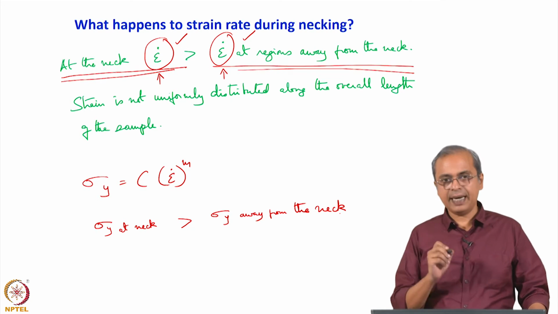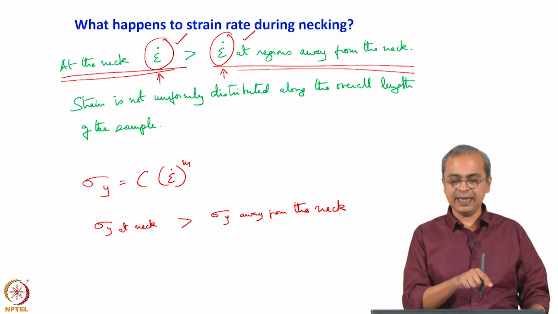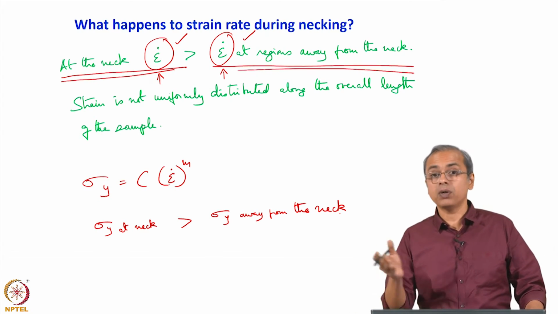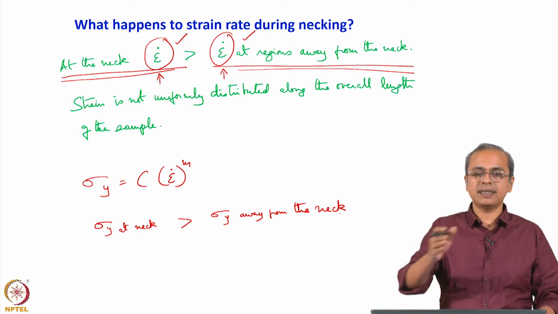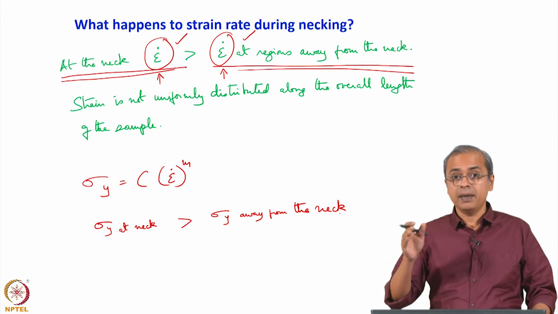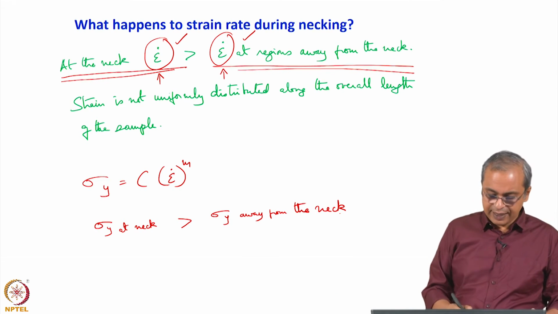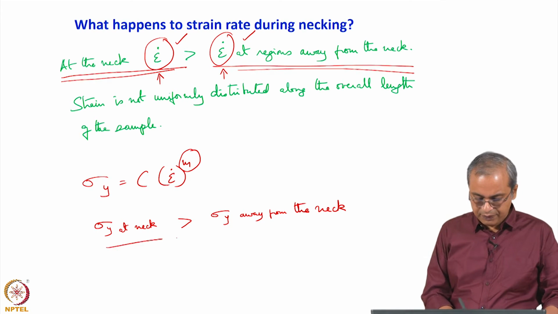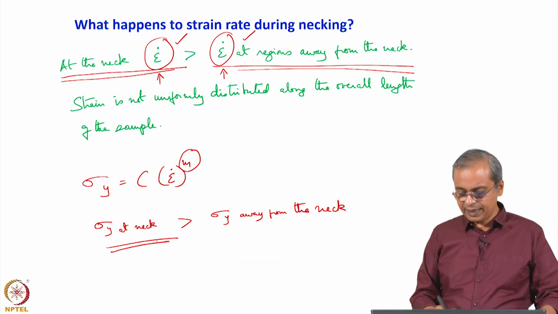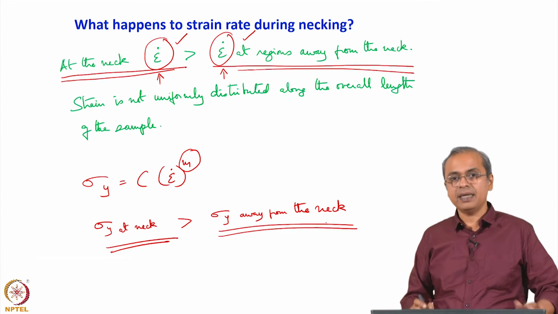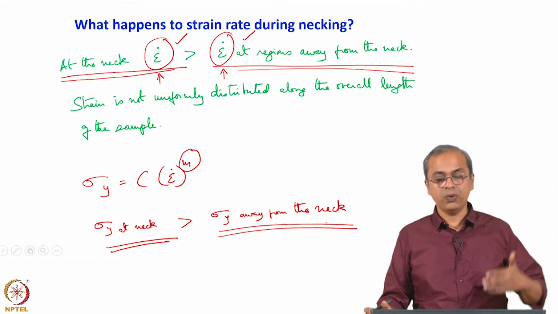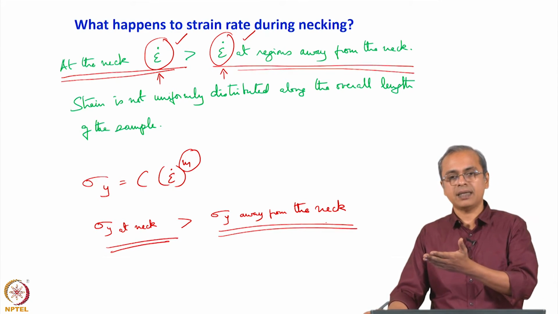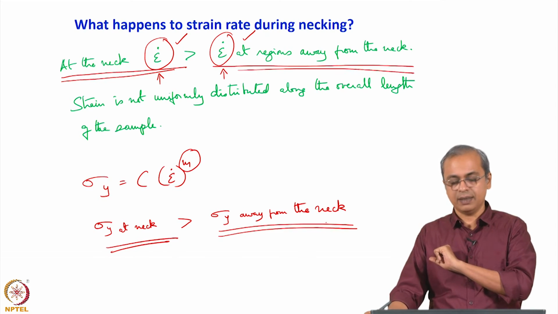Okay. So, the yield stress at the neck is now higher than the yield stress at regions away from the neck, because the strain rate at the neck is higher than the strain rate away from the neck. More importantly, when the strain rate sensitivity index is high, this difference between the yield stress at the neck and the yield stress away from the neck is also drastically higher. You have much higher yield stress at the neck relative to the yield stress at regions away from the neck.